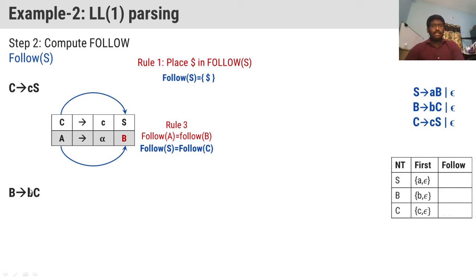Now our second non-terminal is capital B. The production is B implies small b capital C. Since we need to find out the follow of C, we are going to find follow of C.